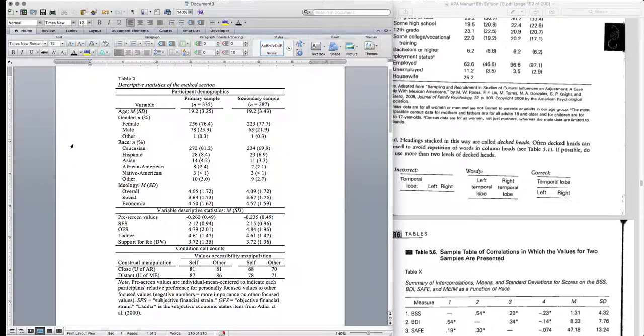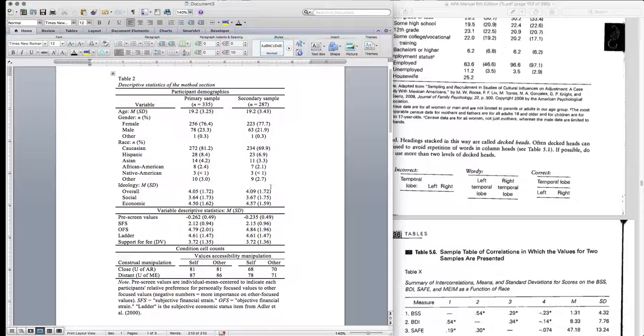But kind of the way that we've talked about with graphs, there are any number of ways that you can do things, and it really comes down to what it is that you're trying to show. What comparisons are you trying to make? There's an infinite number of ways to do any given table.